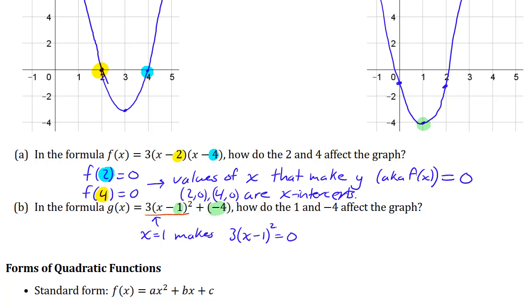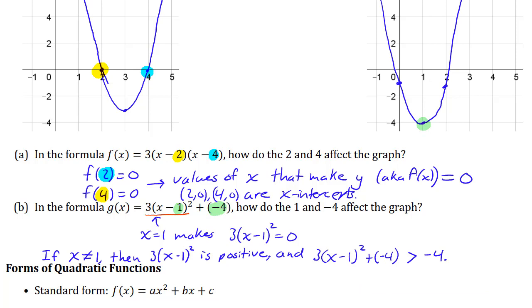And if x is anything other than 1, then 3 times x minus 1 squared is positive, because squaring anything makes the result positive, and multiplying it by 3 keeps it positive. So the whole result, g of x, is going to be greater than -4, because you have this positive number plus -4. In other words, the -4 is the minimum value of y here.